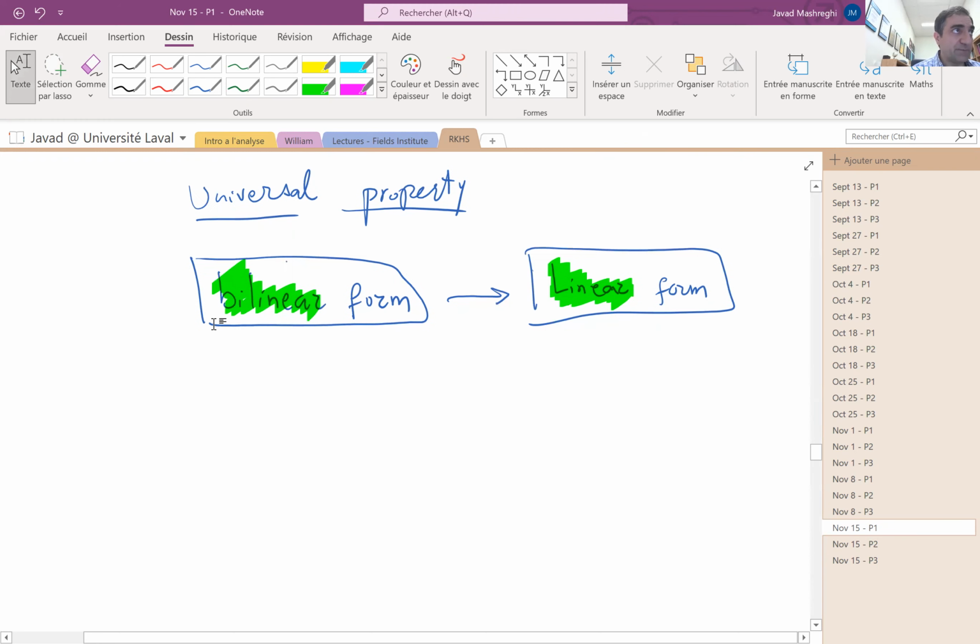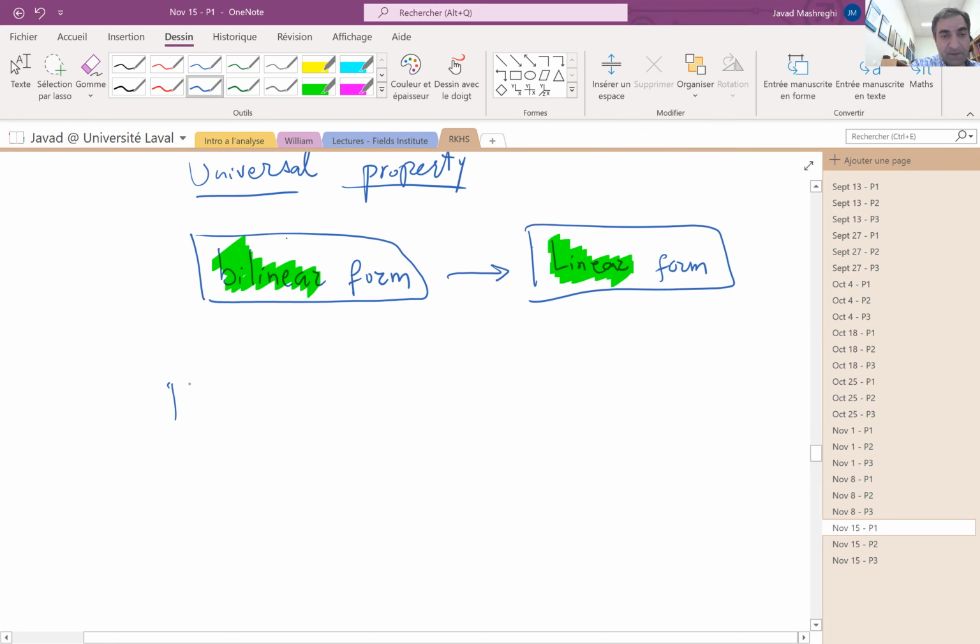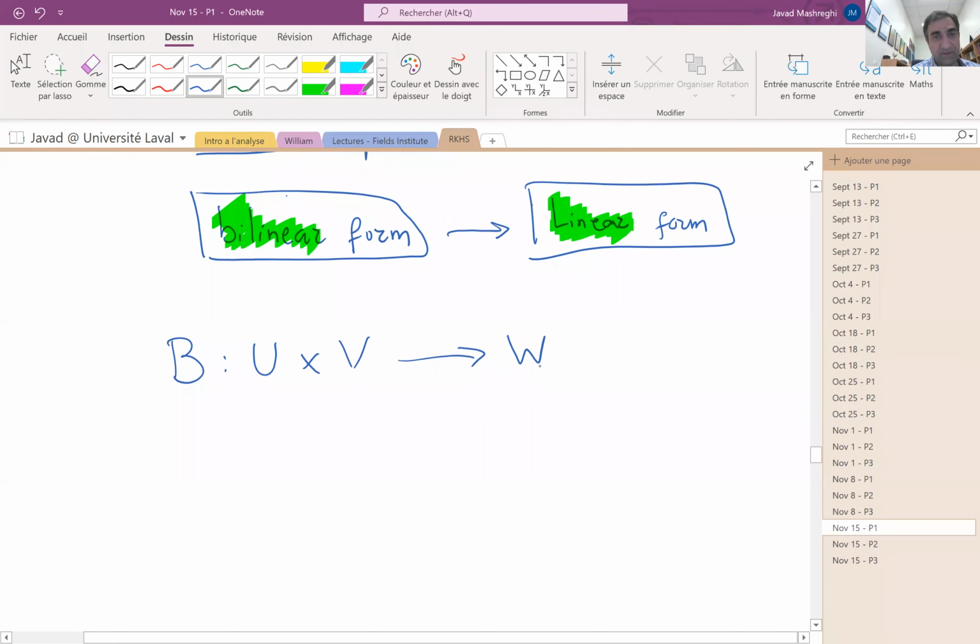If you have a map B defined on U Cartesian product V into another vector space W, we say that it's bilinear if it is linear with respect to the first component and also with respect to the second component.